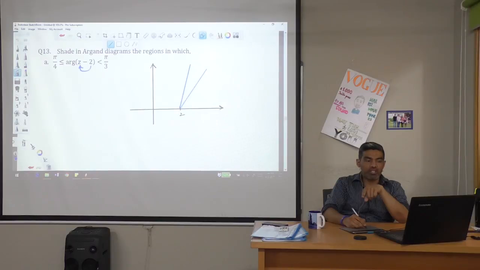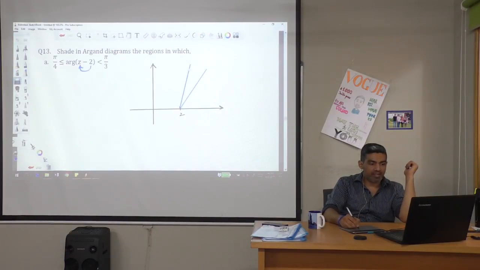That line is not included. It has to be less than pi by 3, it can't be equal to pi by 3. It means the z point cannot lie on the line. It can lie on this line because it equals pi by 4. So z can be found on this line, but z cannot be found on this line. It has to be within that line. So you will have to make a dashed line, not a full one, because that line is not included. And your area of interest is this.